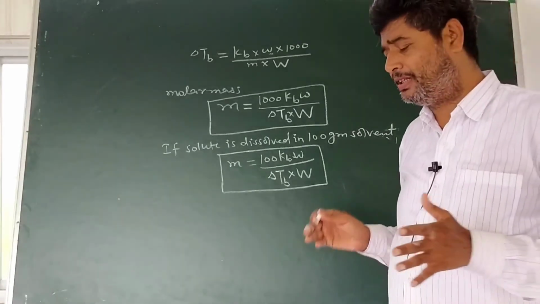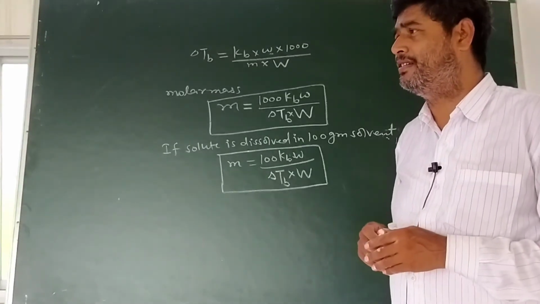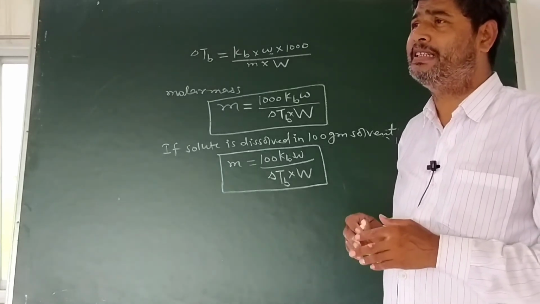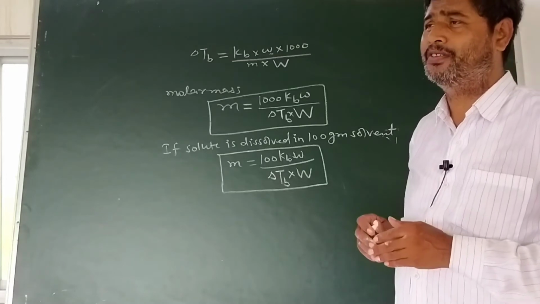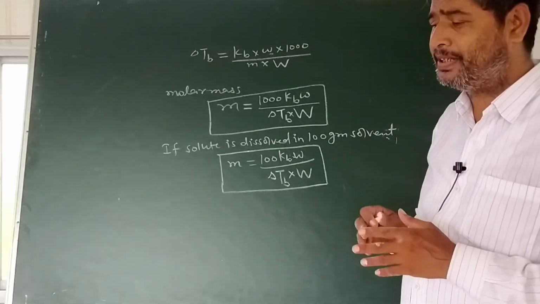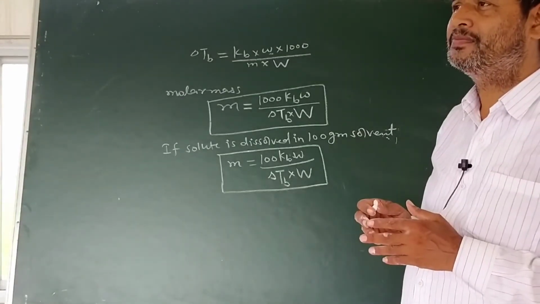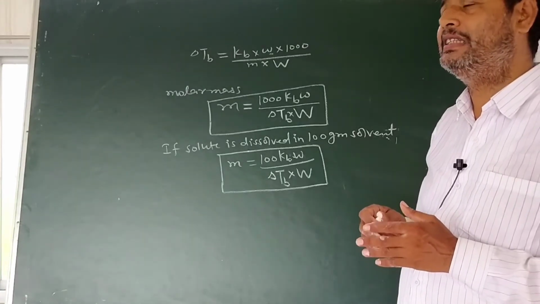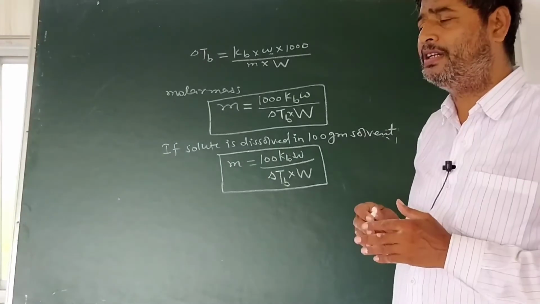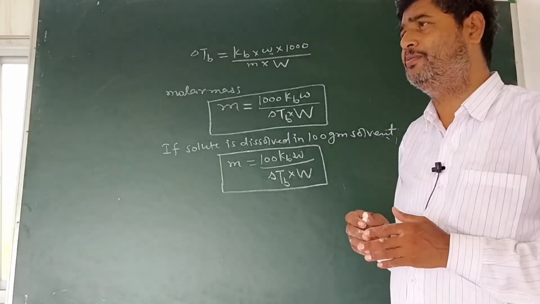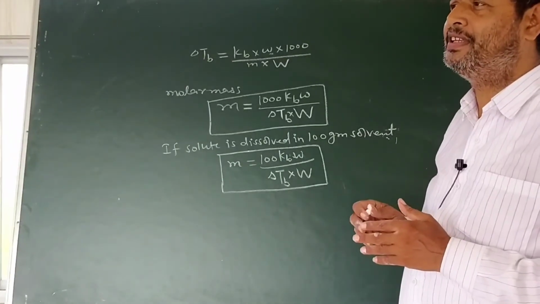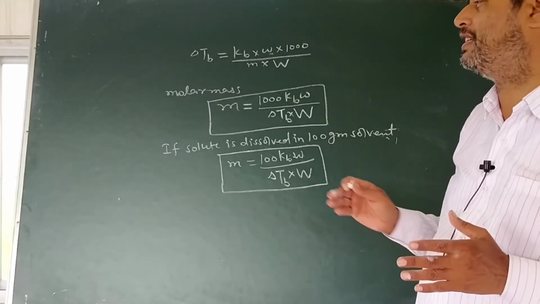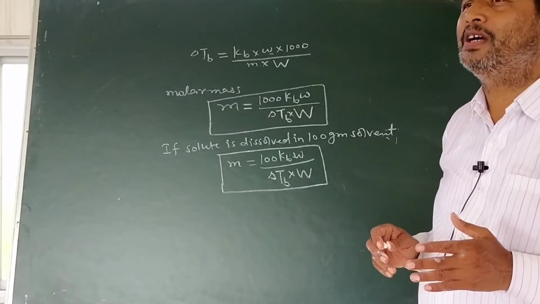So when a solute is added in the solvent, its freezing point decreases. The change in the freezing point of the solution and the pure solvent is regarded as lowering or depression in freezing point, the same sense as the elevation in boiling point.